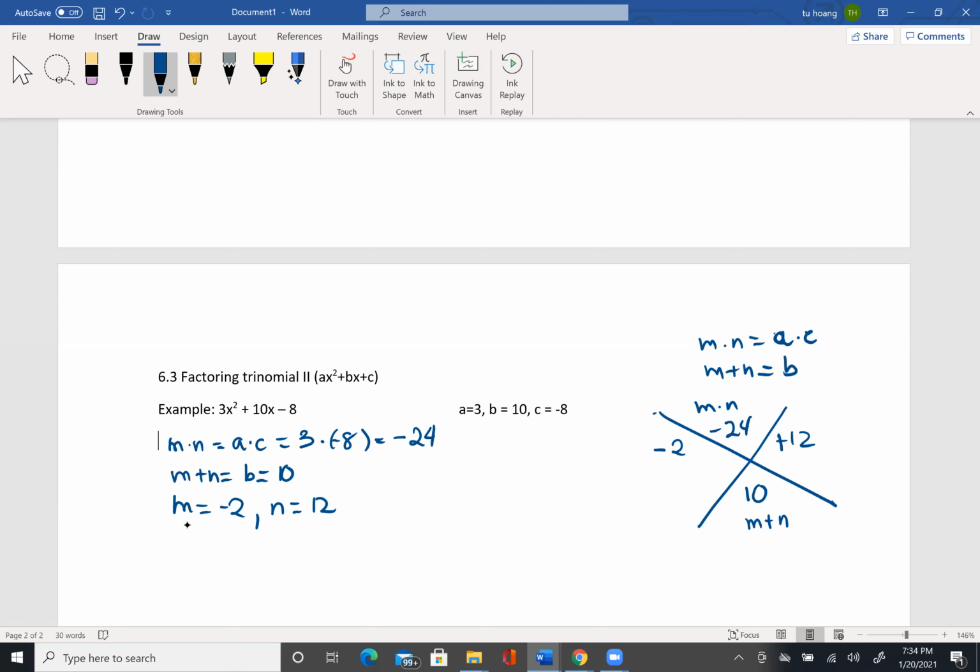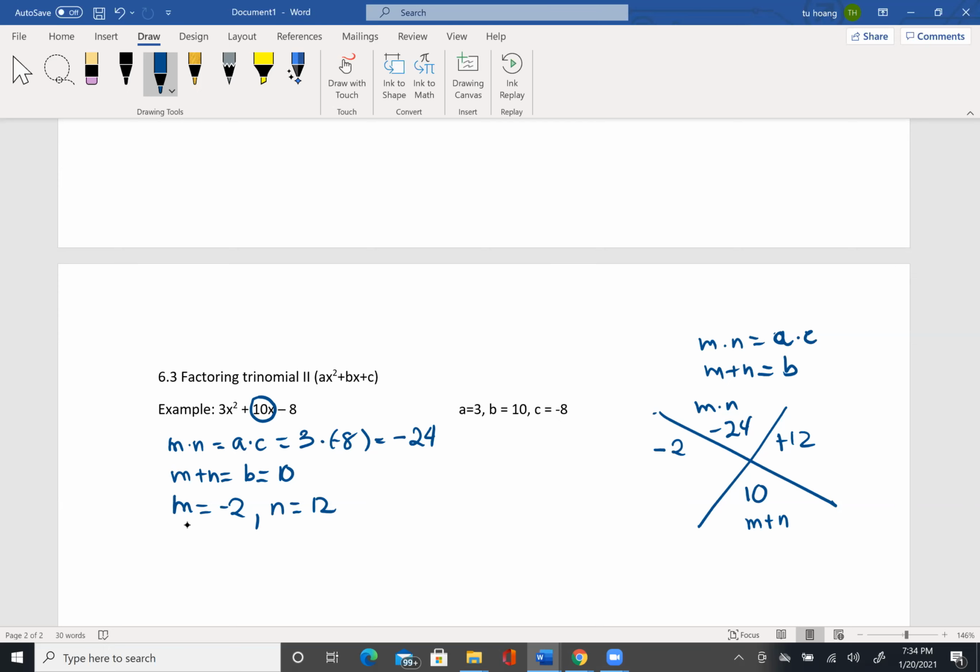So now what you do is a little bit different from factoring polynomials in form number one. You actually split the middle term, 10x, into negative 2x plus 12x.